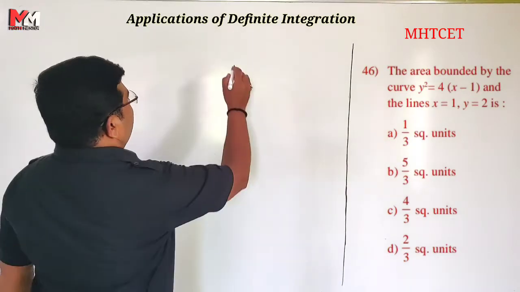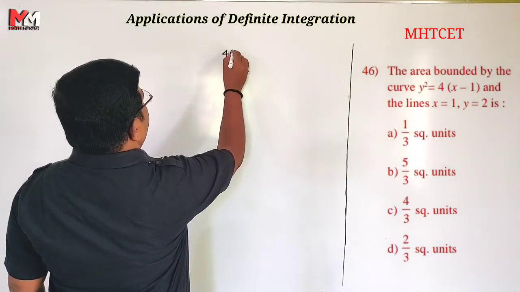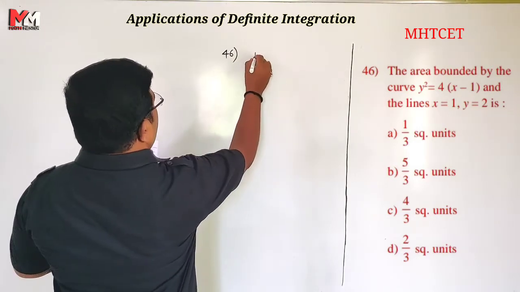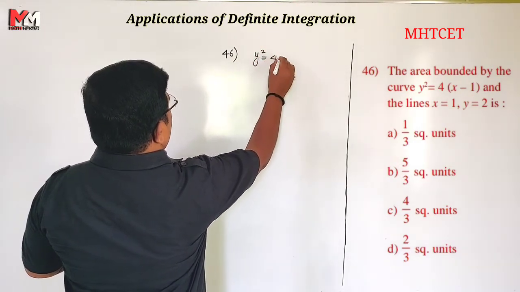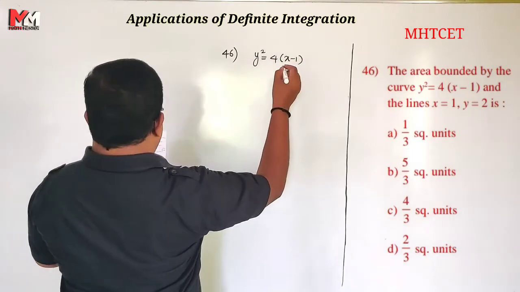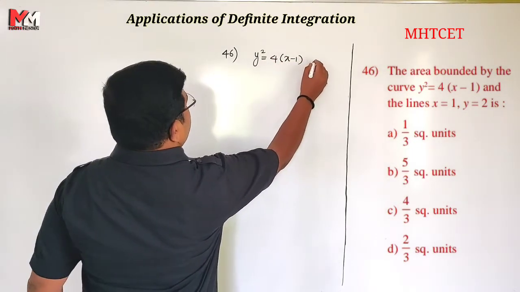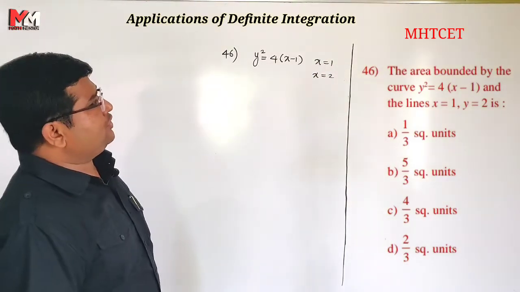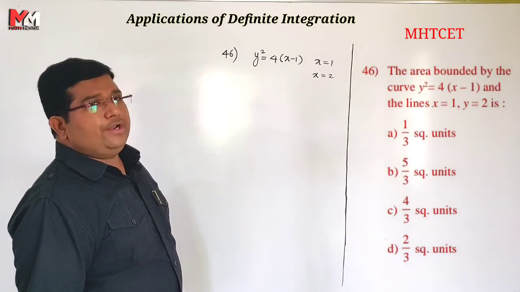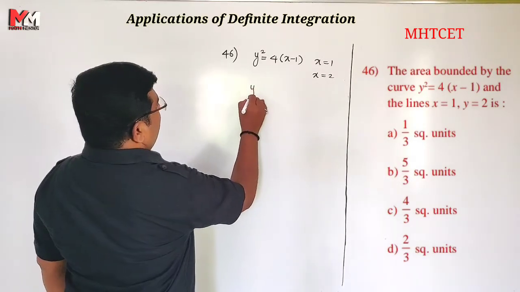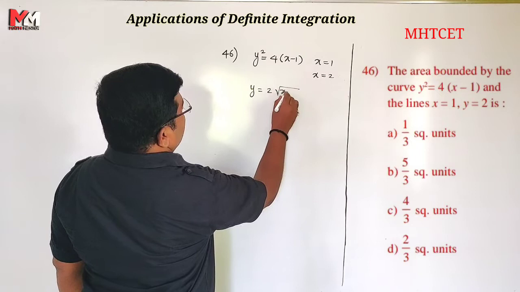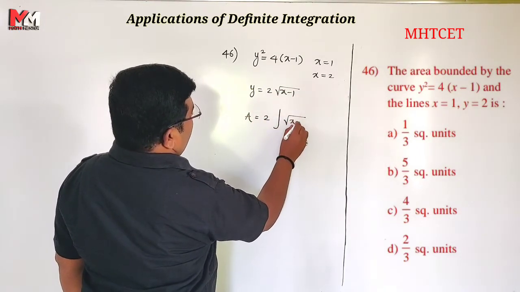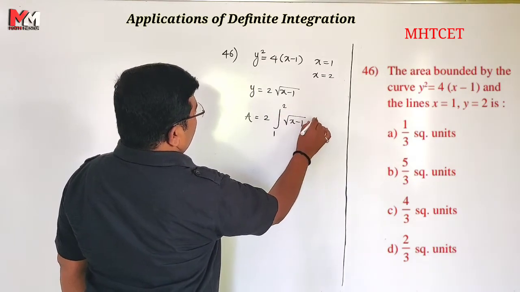Look at 46. The area bounded by the curve y square is equal to 4 into x minus 1, and the lines x is equal to 1, x is equal to 2. This is the lower limit and upper limit. Here y is equal to 2 under root x minus 1. So the required area is the integral of 2 under root x minus 1 from 1 to 2.